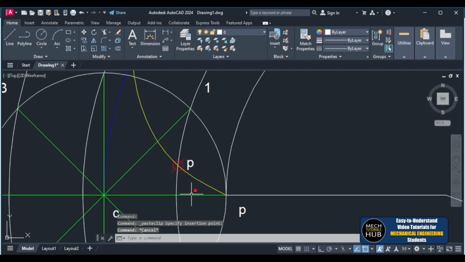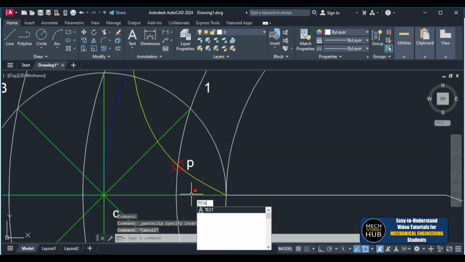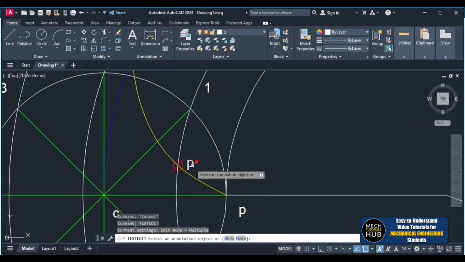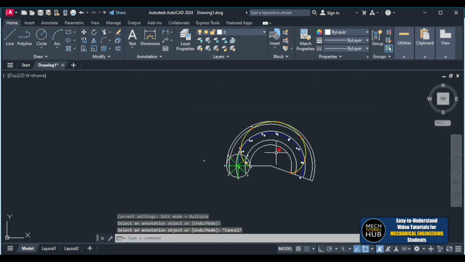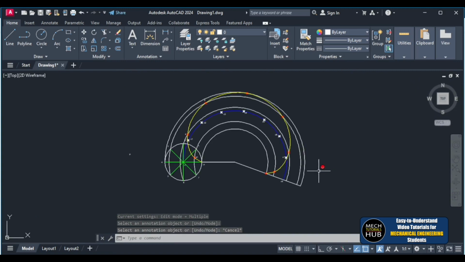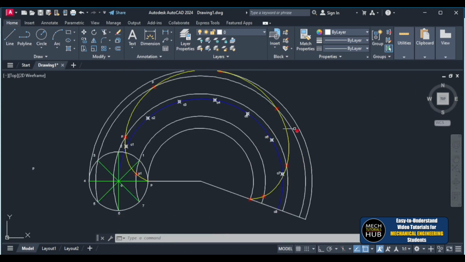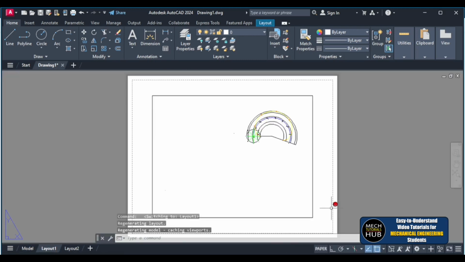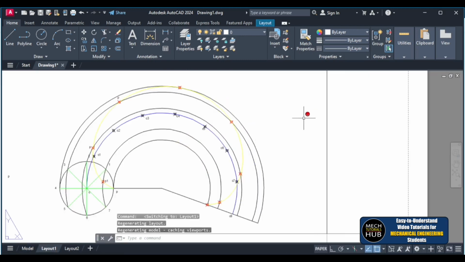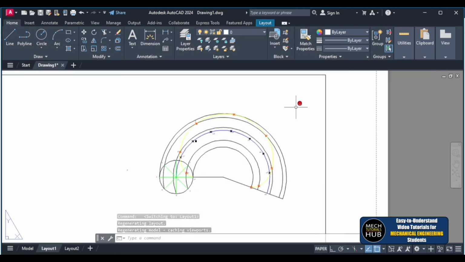Then I text edit this one as P1. Accordingly I'll place all the points. This is the final requirement. I'll zoom and place it something like this. Now this is how it looks when it comes to a drawing sheet.